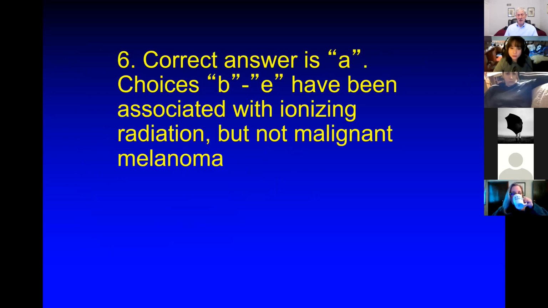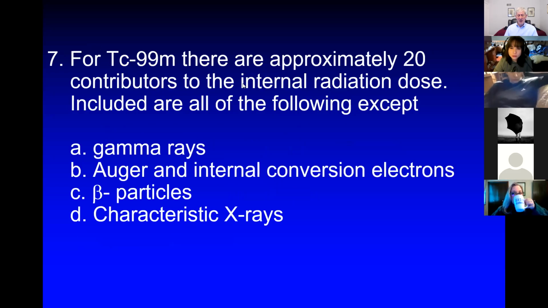Okay, there are 20 contributors to the internal radiation dose for technetium. All of those are in that list except which one? A, B, C, or D? C. Beta particles are not emitted by technetium ever.